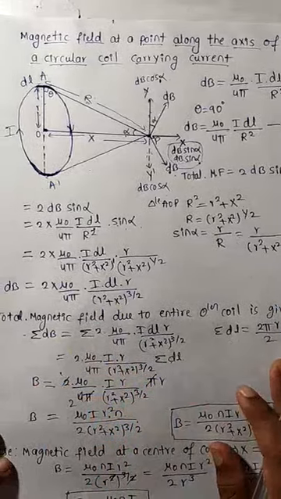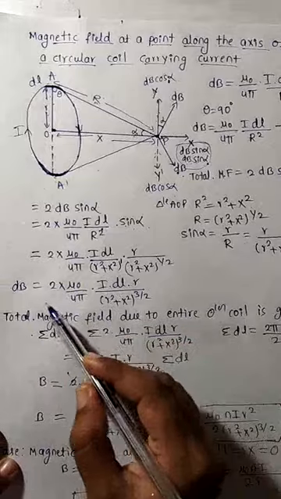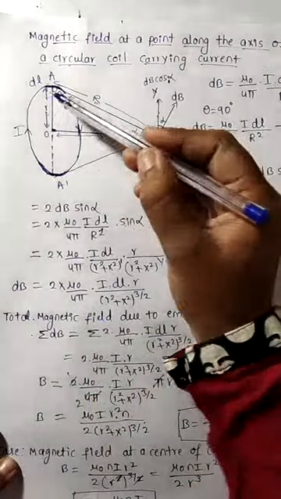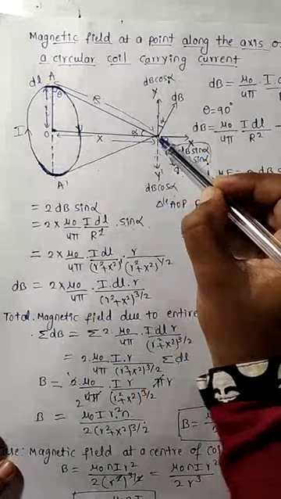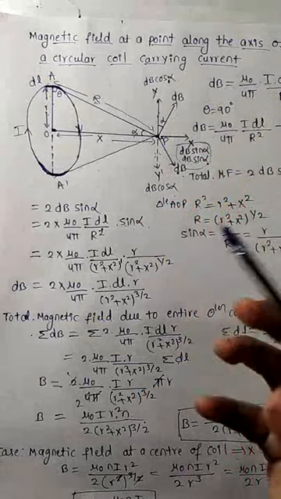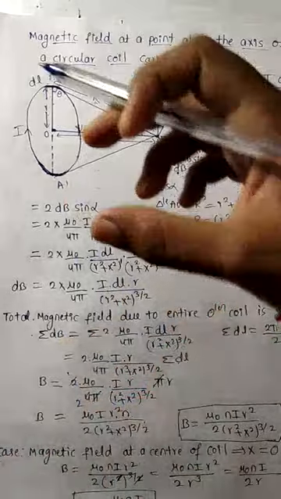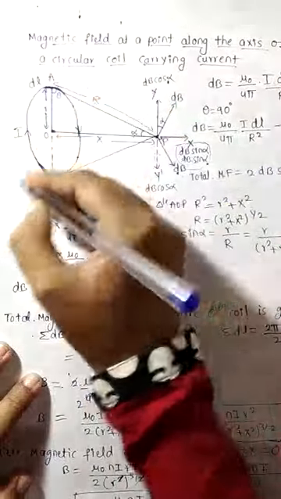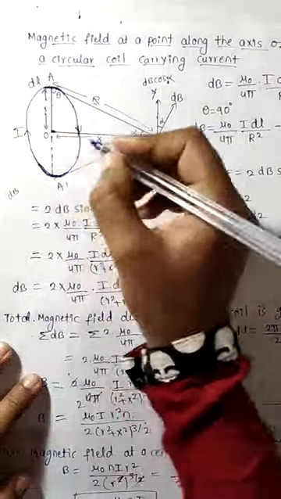And this is the magnetic field due to A and A dash we got here. So like that, total magnetic field we should find. That's why we will add all these magnetic fields, because of these two dB we got, like that.